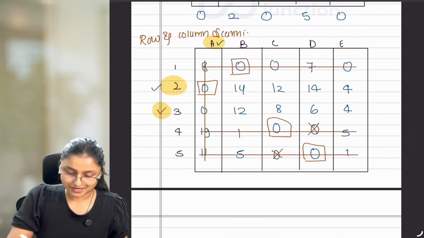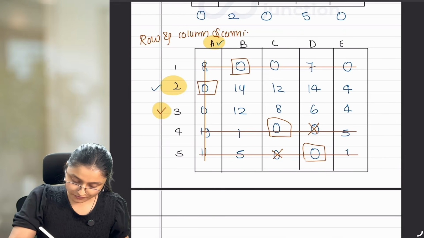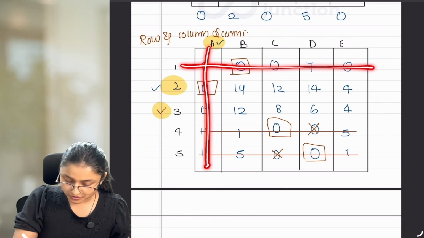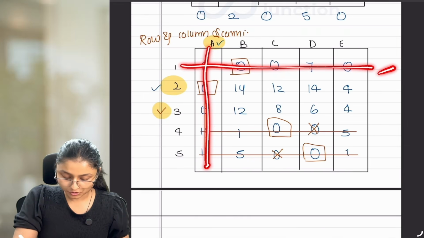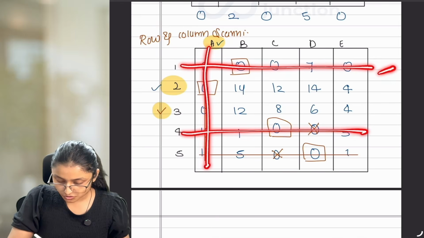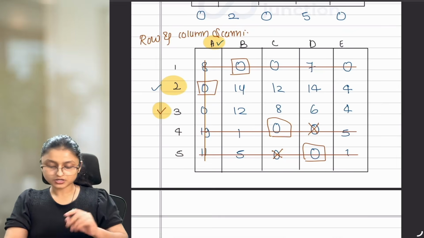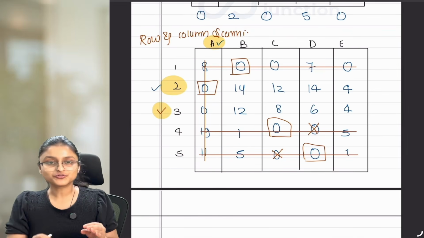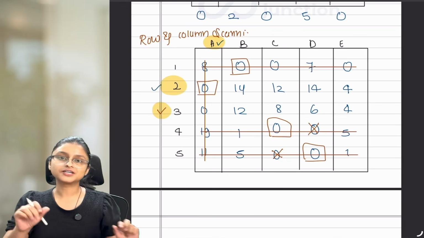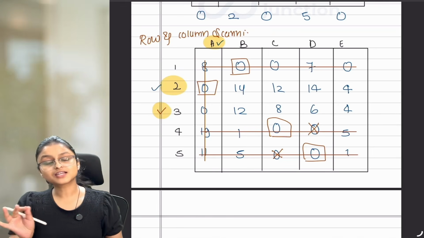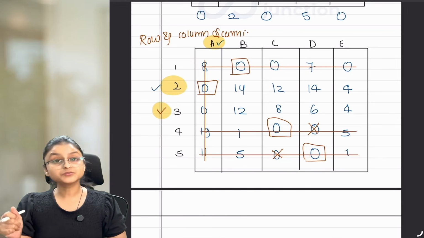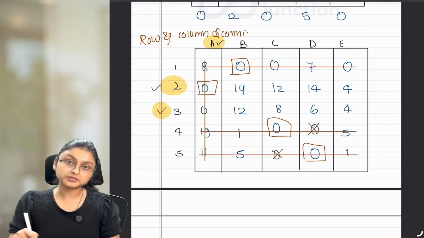Okay? Now, the other two we have already drawn. From the ticked column, this is the line. From the unticked first row, this is the line which we have already drawn. From the unticked, this row and this row we had to draw, and we drew that now. Okay? And this is how you need to find out in this special kind of scenario, where after random selection also you are not reaching the optimal solution.